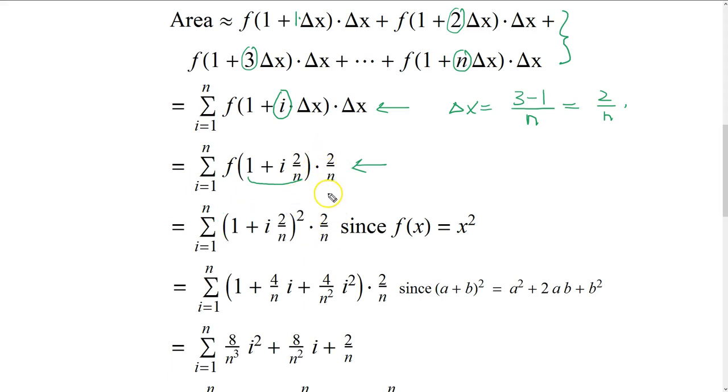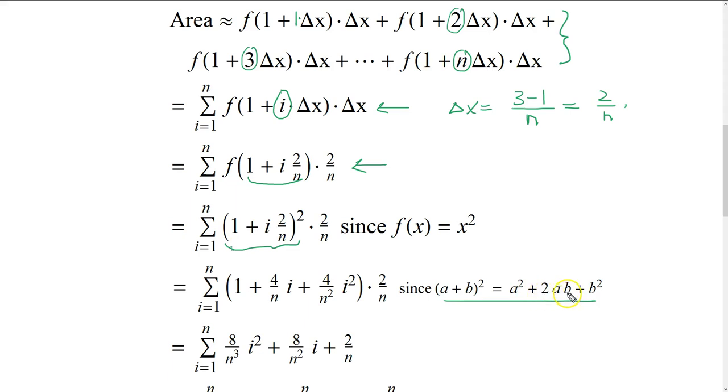So this carries down. Now we're going to FOIL this out. When we FOIL it out using our FOIL formula, we get this. Notice this 1 comes from 1 squared. 4 over n times i comes from 1 times i times 2 over n plus i times 2 over n times 1.